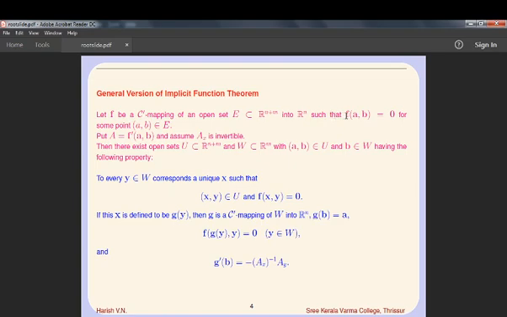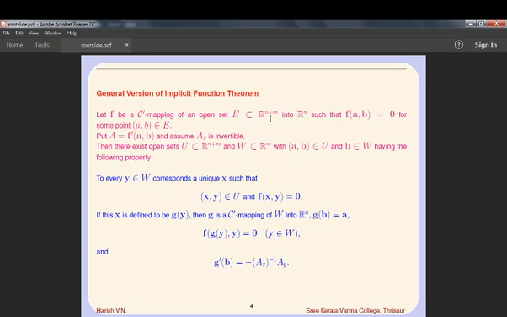That functional relationship may not be a matrix or anything. So let us start with an arbitrary functional relationship between x and y, call it f, but that f is a C dash mapping, that means a continuously differentiable mapping. Let f be a C dash mapping of an open set E contained in Rn plus m into Rn.